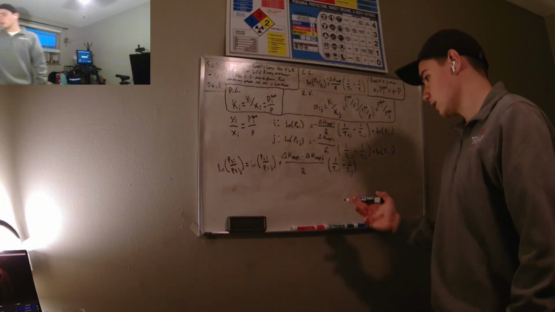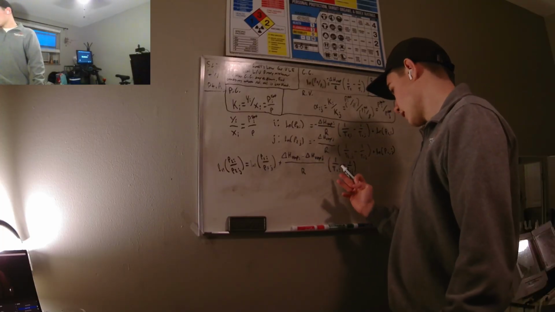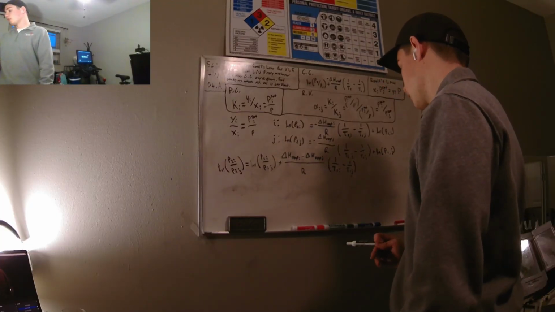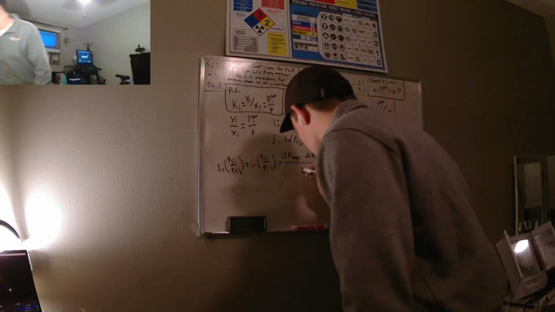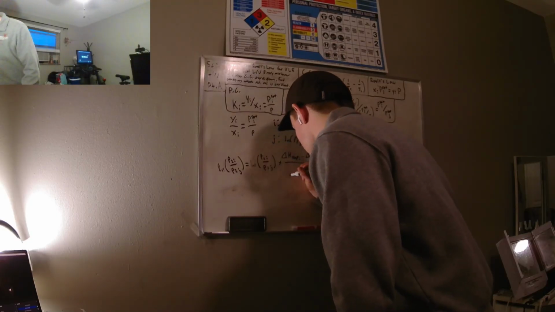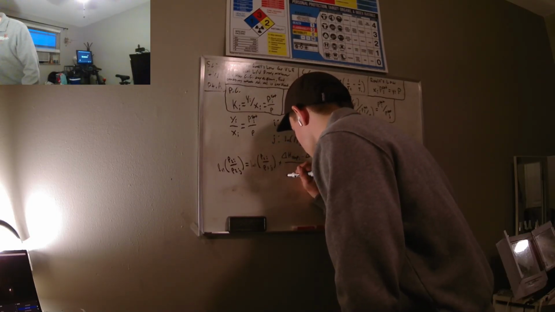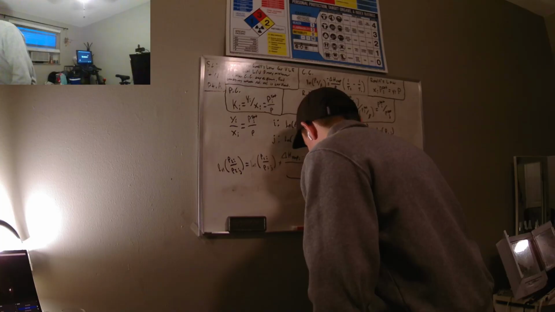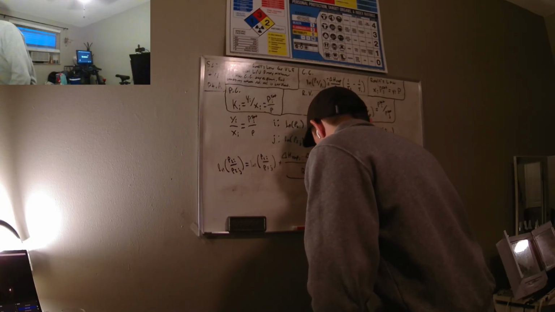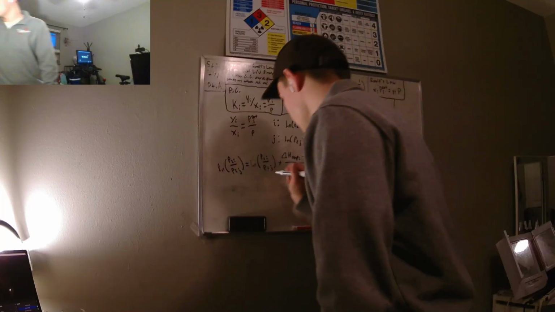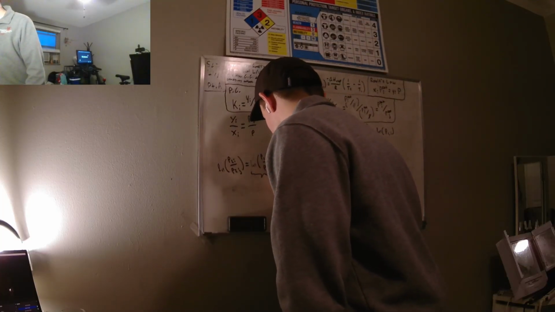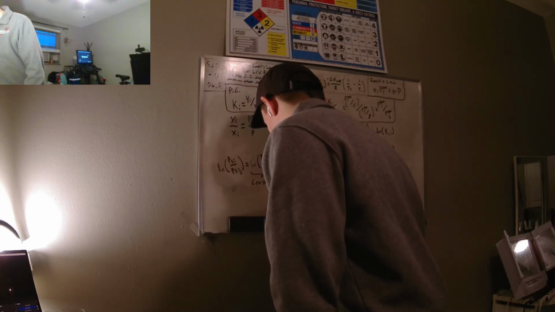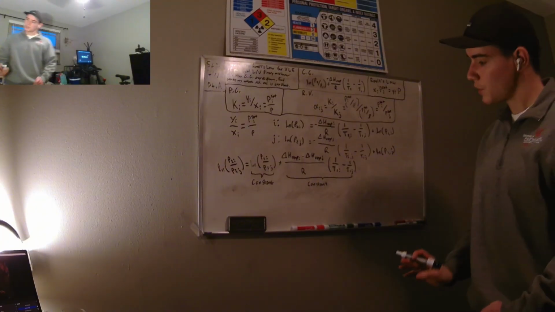And this expression has our T1s, which are our initial values that were given, meaning these are constant because they're from state 1. Same with our initial pressures. So what's the term that's going to cause problems?